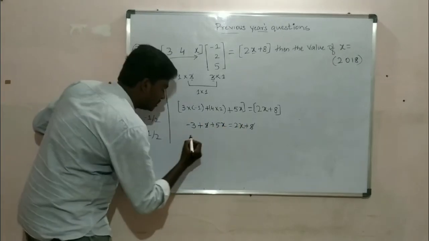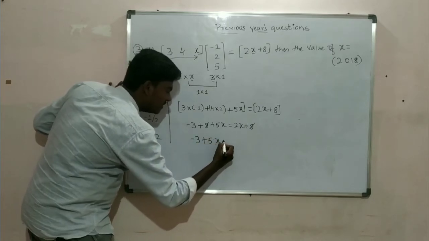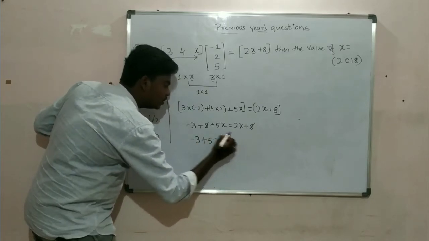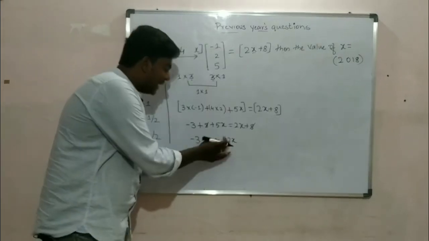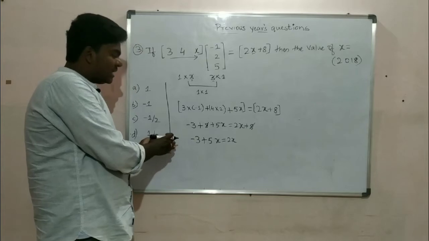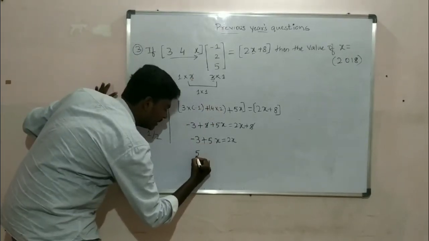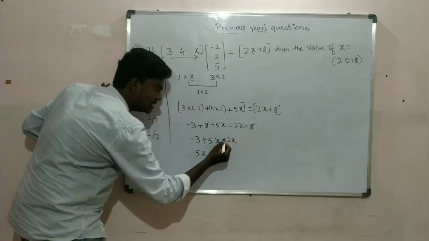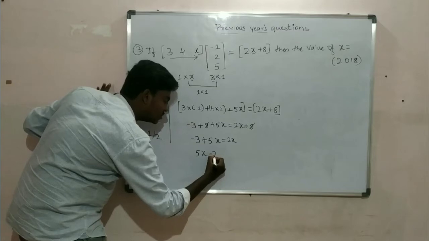So what is left is -3 plus 5x is equals to 2x. What I need is x. So bring the x terms to one side, take the remaining terms to the other side. Keep the 5x as it is here. Here you have plus 2x; from the right hand side, if it comes to the LHS, it will become -2x.